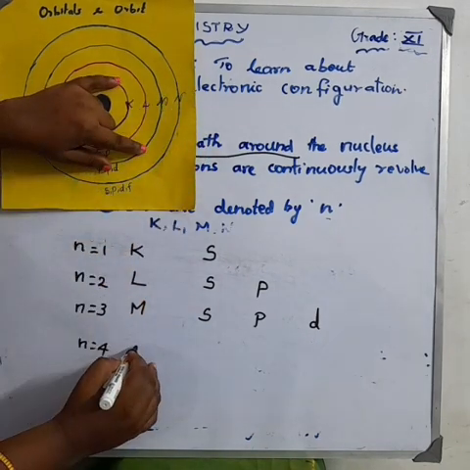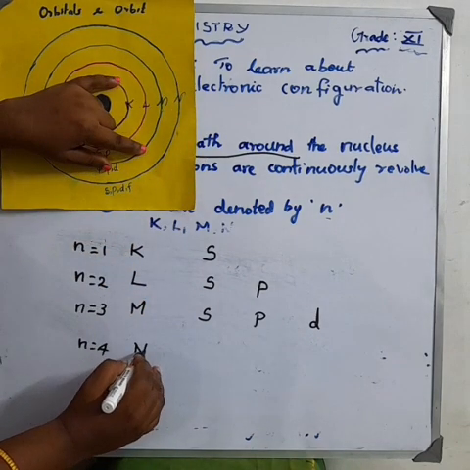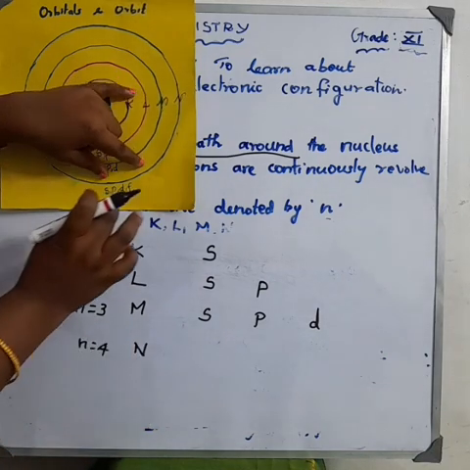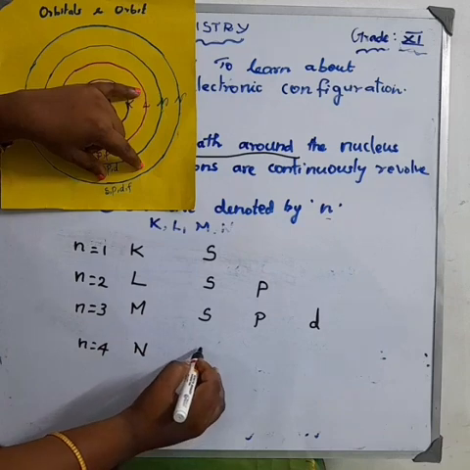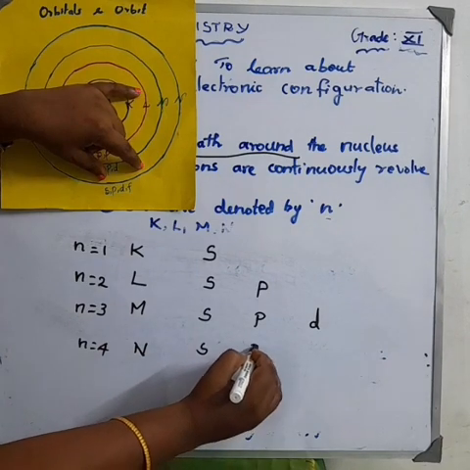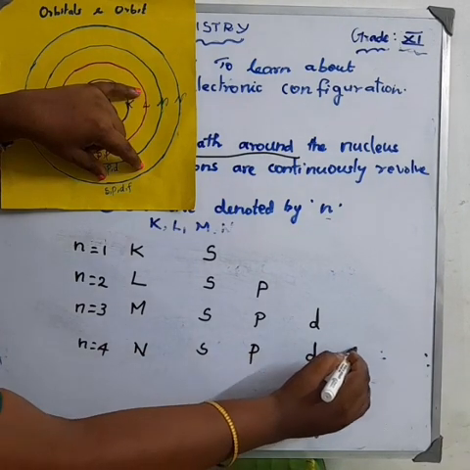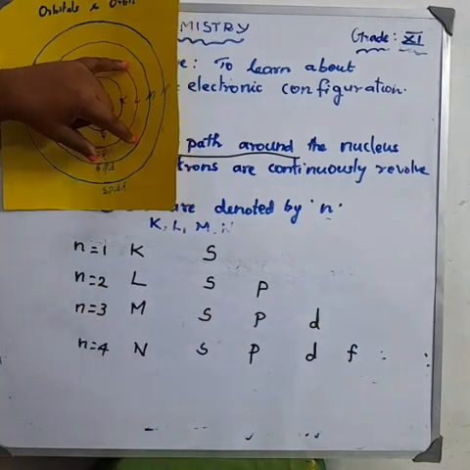What is the name of the fourth shell? N. The subshells in the fourth orbit are S, P, D and F.